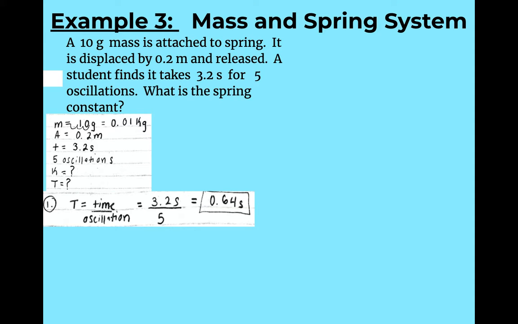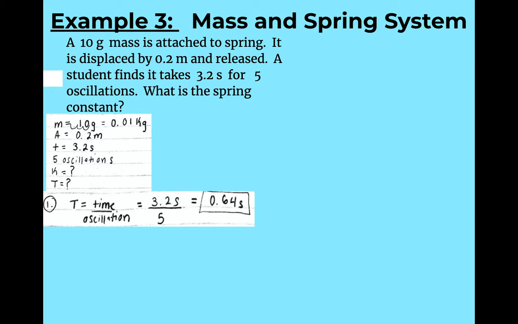We have to find the period. So step 1, period equals time per oscillation. We take 3.2 seconds, we divide by 5 oscillations. You get 0.64 seconds, which is the period of the spring mass system. Okay, and that's the time it takes for the spring mass system to make one complete vibration.